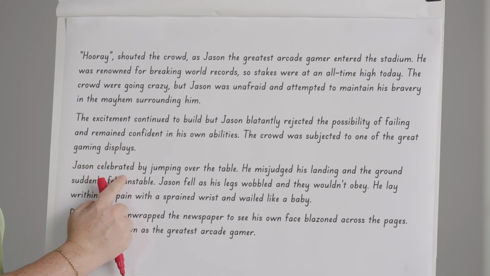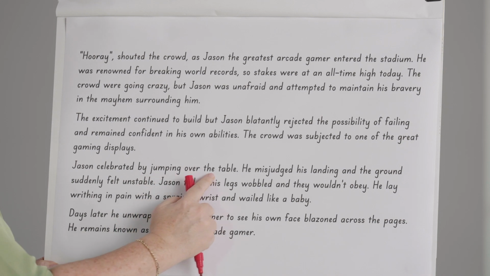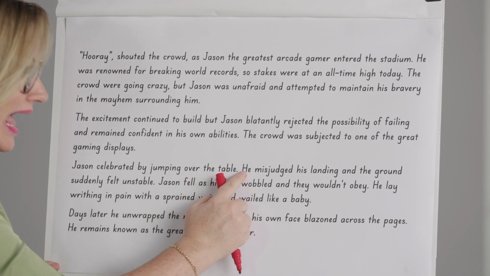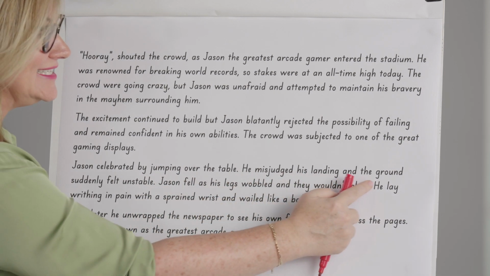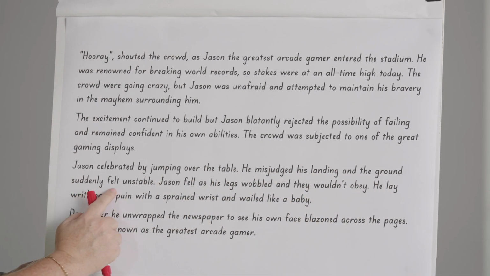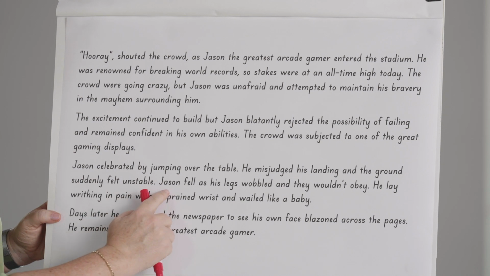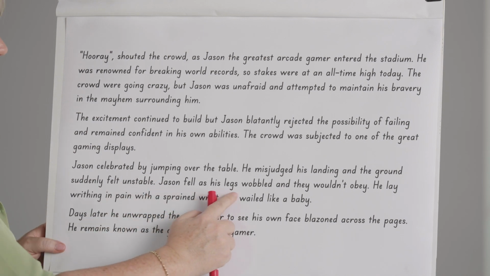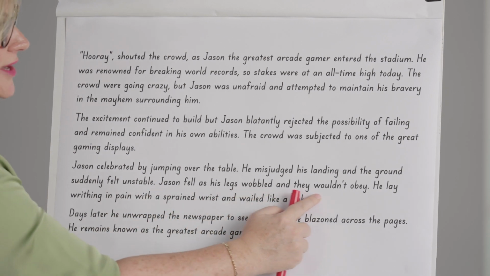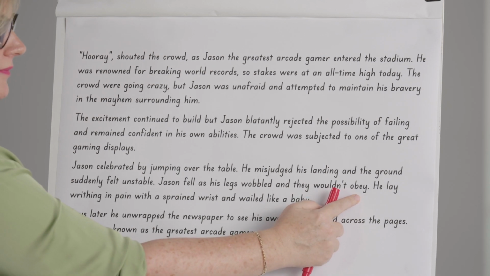Jason celebrated by jumping over the table. He misjudged his landing and the ground suddenly felt unstable. Jason fell as his legs wobbled and they wouldn't obey.